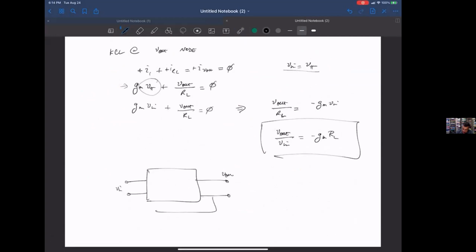In this case, they're both referred to ground. If I had such a thing, this ratio of output to input would also be this thing called a gain. It's just called gain. And this is sort of a pull-on circuit block.